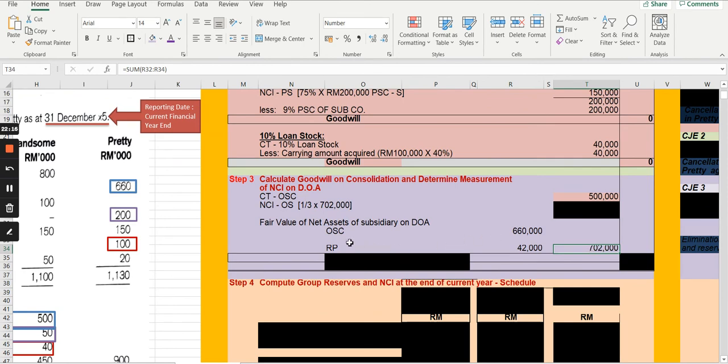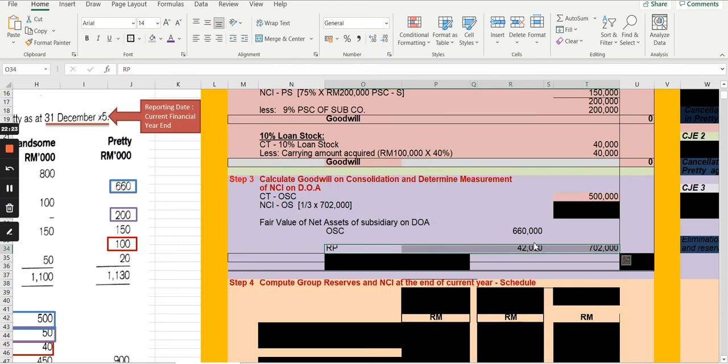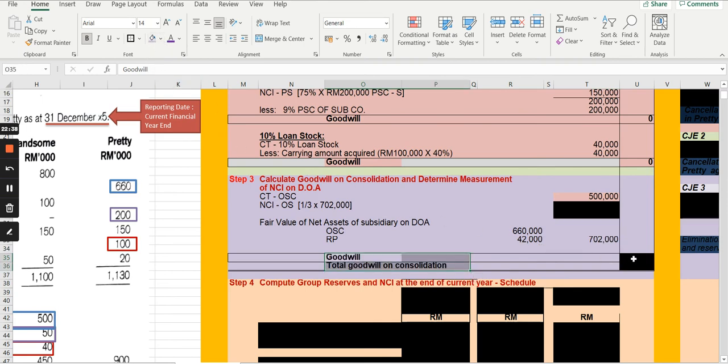At the moment, this is the only thing that you have. This is your fair value of net assets, and therefore it will give you a goodwill. The goodwill would be 32,000 because 734 minus 702.